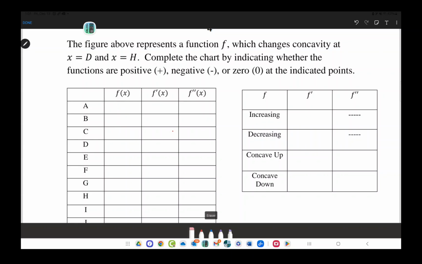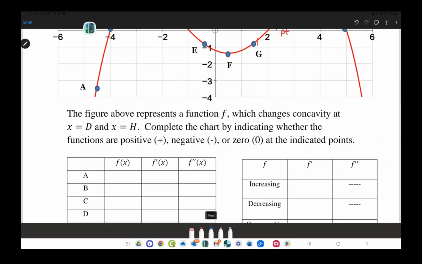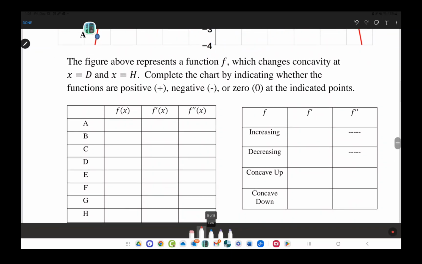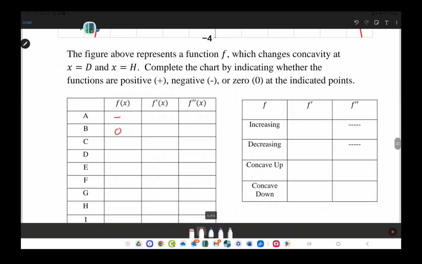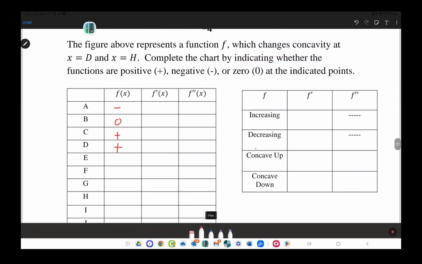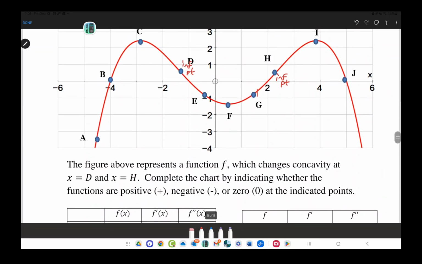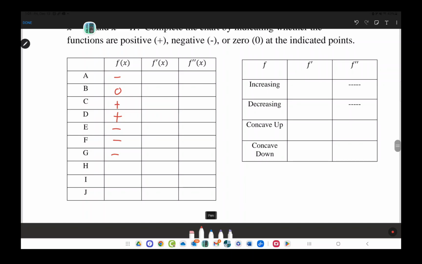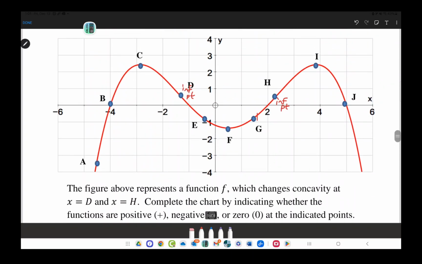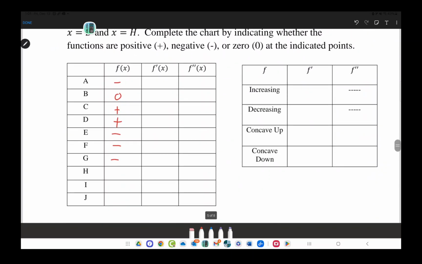They just want positive or negative. That's right. So for the function, A is negative, B is 0. We can just say what the functions are. C is positive, D is positive. All right. E, F, and G are all negative. H, I are both positive, and J is 0.